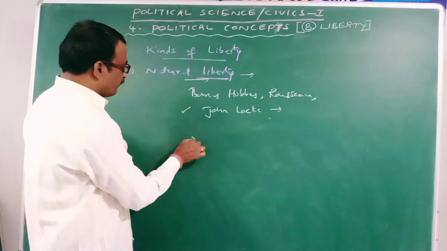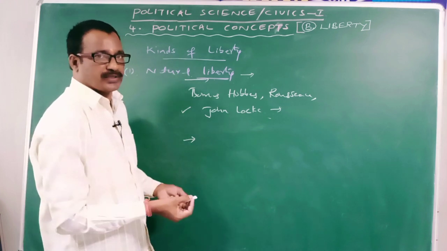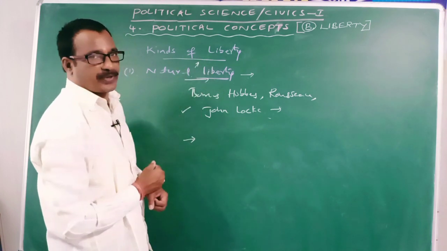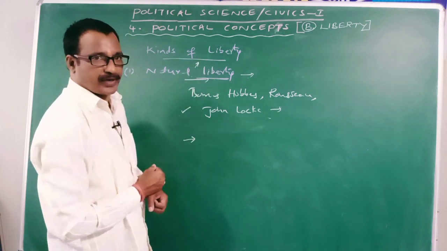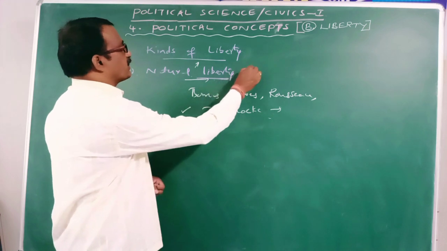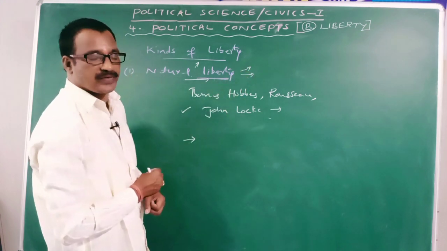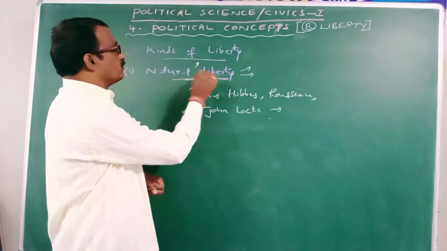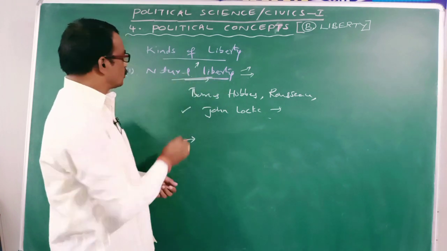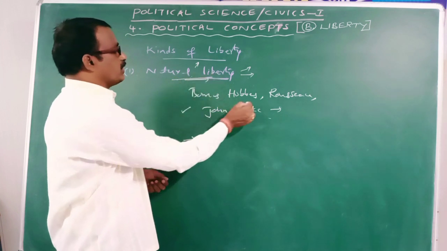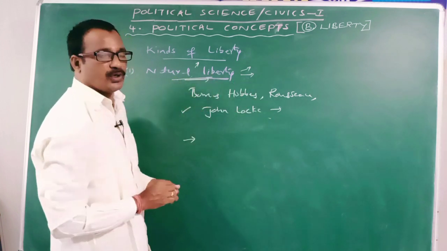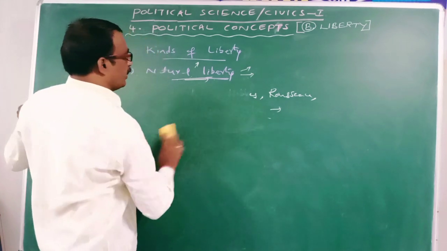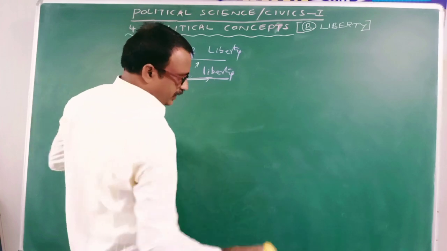Then, with the emergence of the state, this liberty disappeared. And a new liberty emerged, that is civil liberty. Civil liberty emerged with the disappearance of natural liberty. Clear? So what is natural liberty? Natural liberty means the unlimited liberty of the individuals. This type of liberty was enjoyed by individuals in primitive society.